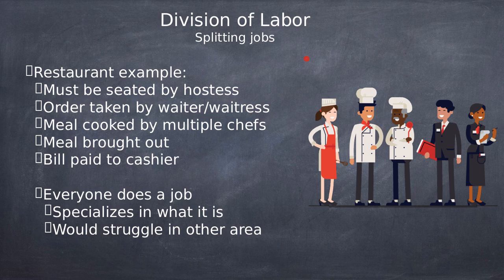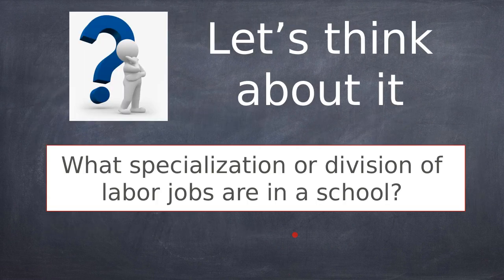Everyone has a job. They specialize in what they do, and they would struggle in other areas, right? The cashier may struggle if you put her in the kitchen to cook food instead of a chef, and the chef may struggle working a cash register. That's not what they specialize in. So that's the whole point of division of labor.